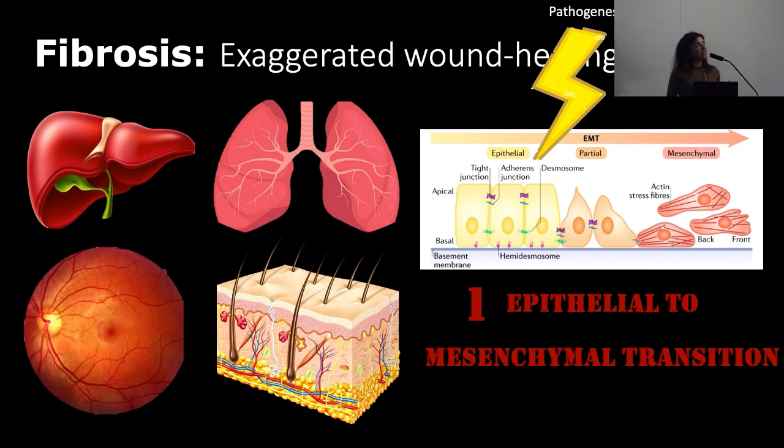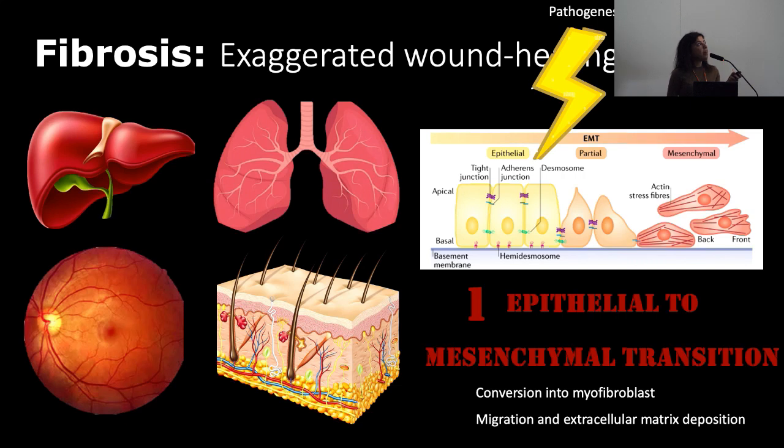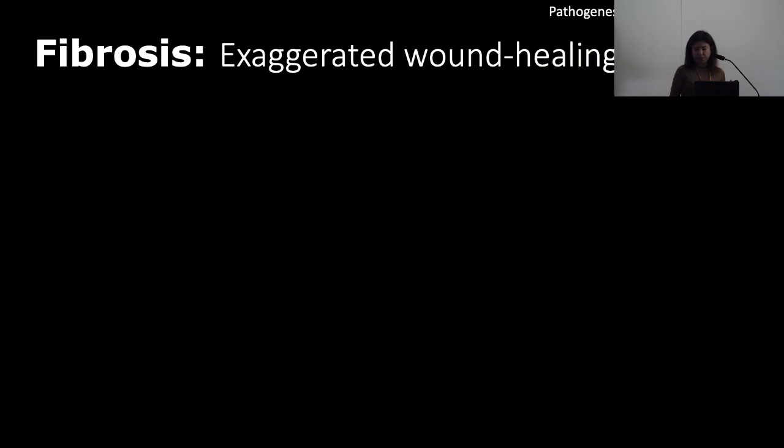So we have epithelial cells, in this case retinal pigment epithelial cells, that get damaged, for example, from macular neovascularization. They lose their contact with the basal membrane, and they convert into fibroblasts and myofibroblasts and start to migrate into the retina and produce collagen and other extracellular matrix proteins.